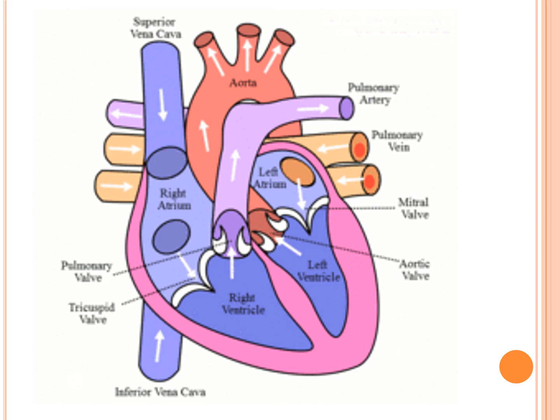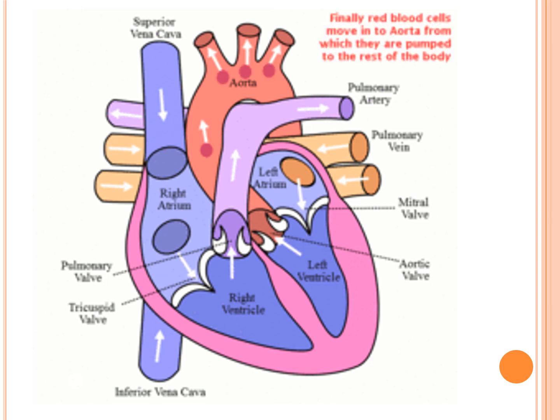After it has got oxygenated, it is brought by the pulmonary vein into the left atrium. From the left atrium, it enters into the left ventricle. From the left ventricle, this blood passes through the aorta, and from the aorta, it is distributed to all the different parts of the body.